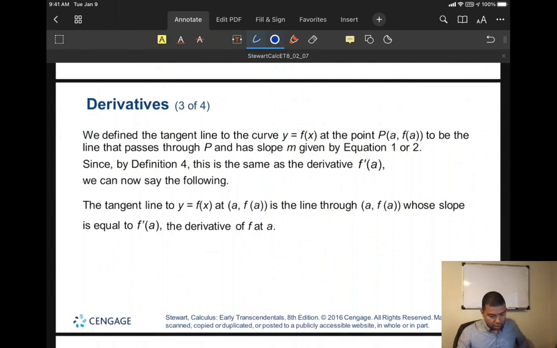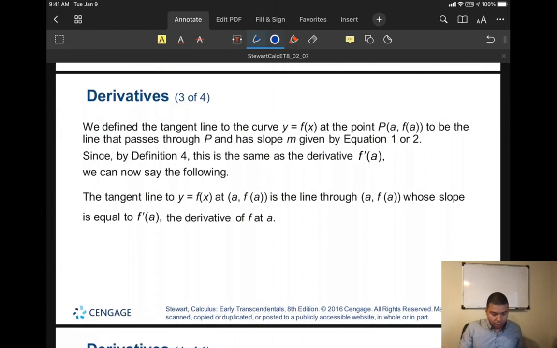And there is the, I guess, closer to the conclusion of this part. The slope of the tangent line is the derivative at x equals a. Okay? That's the, I guess, this is the takeaway. The slope of the tangent line is the derivative at x equals a.